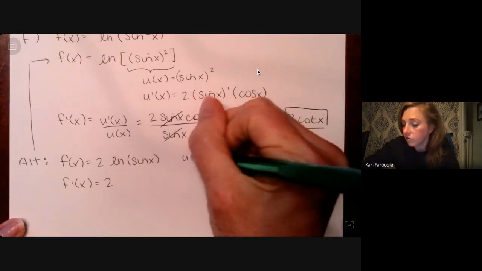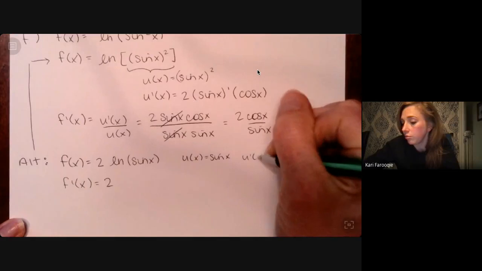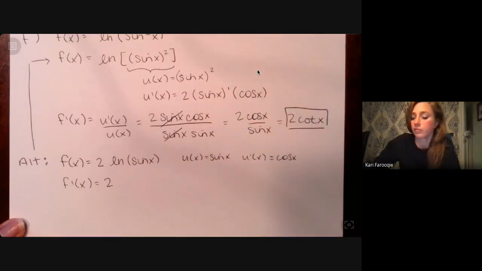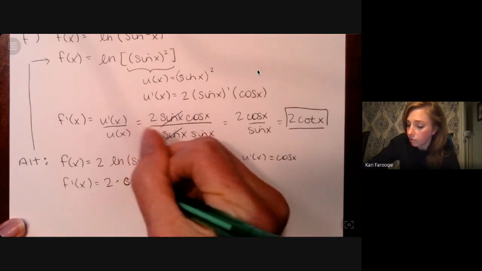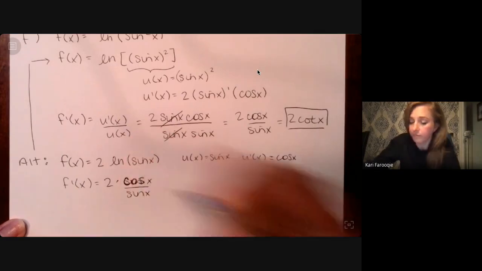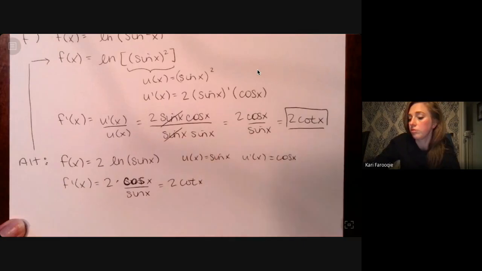Now in this case, u of x would be sine x, and u prime would be cosine x. So we'll have twice, oh, sorry, u prime over u, I got that backwards, cosine x over sine x equals twice the cotangent of x.